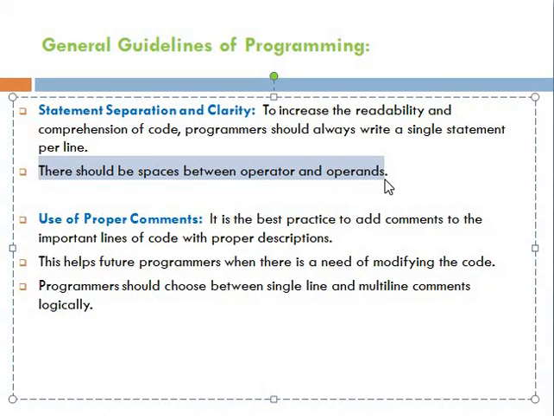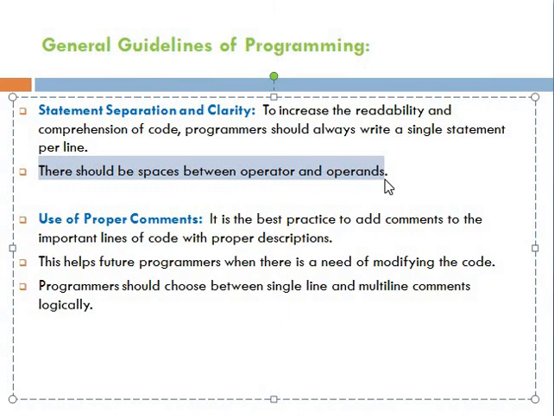There should be proper spaces between the operator and the operands. We call the symbols plus, minus, the asterisk for multiplication, and the slash for division the operators, and we call the variables the operands. For example, if a equals 2 and b equals 3, then the expression a plus b is equal to 2 plus 3, which is 5.